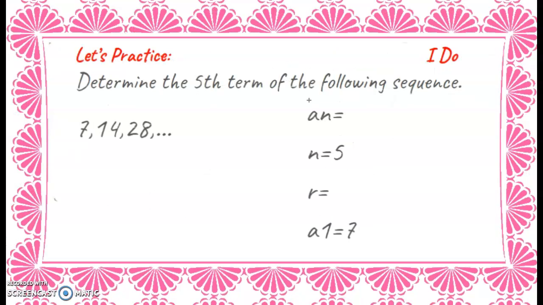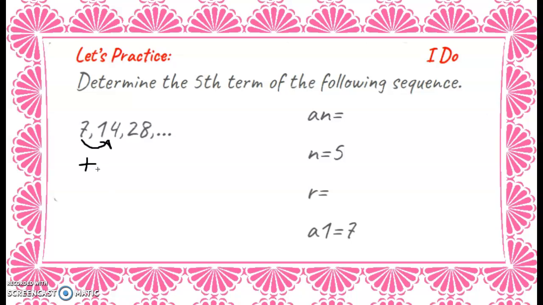Determine the 5th term in the following sequence. 7, 14, 28. Well, this time, if we try to do plus 7, 14 plus 7 is not 28. Be careful with that. Sometimes the first term in the sequence would work and the second one does not.